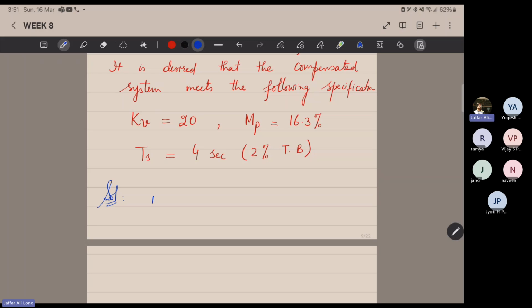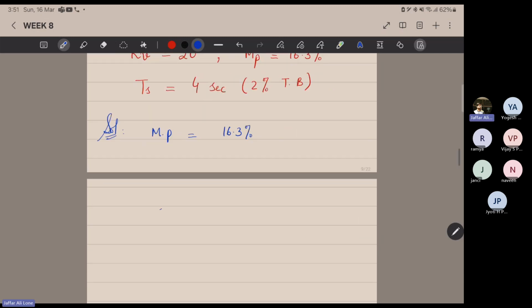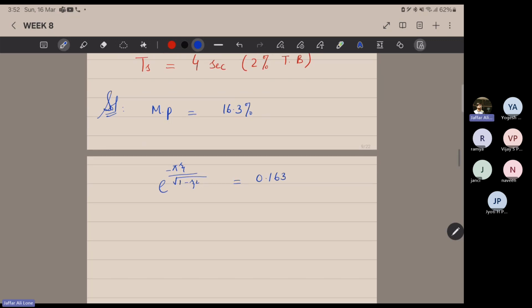We are given the peak overshoot as 16.3%, so if I use the formula for peak overshoot, 0.163, can you solve and tell me the value of zeta? What will be zeta? Zeta is 0.5.